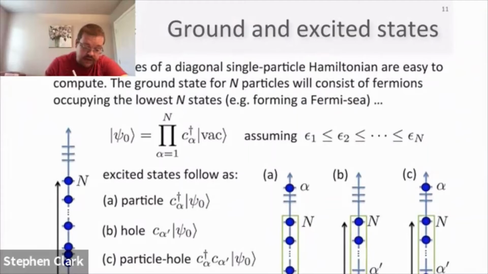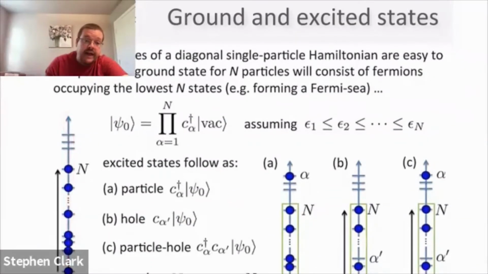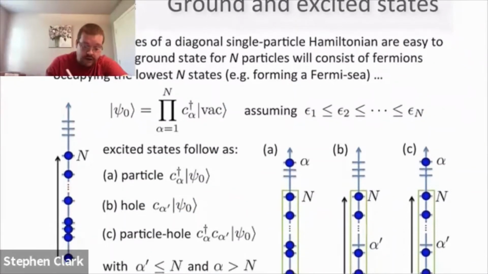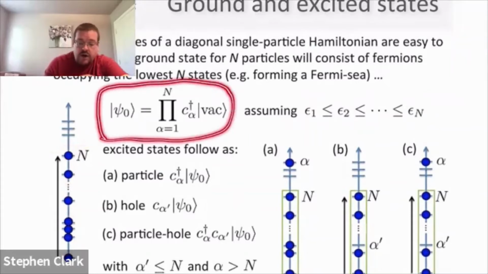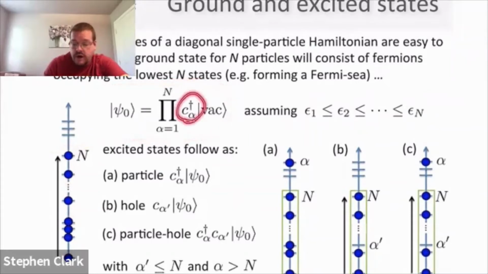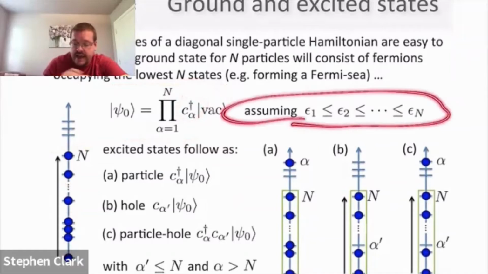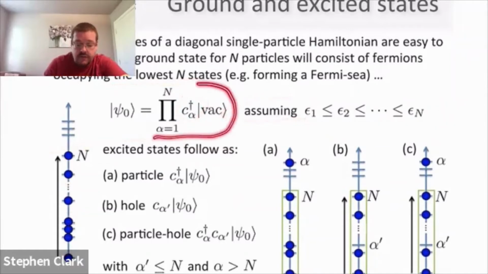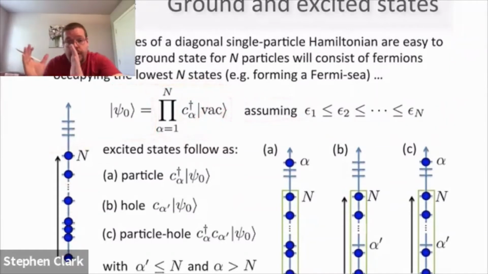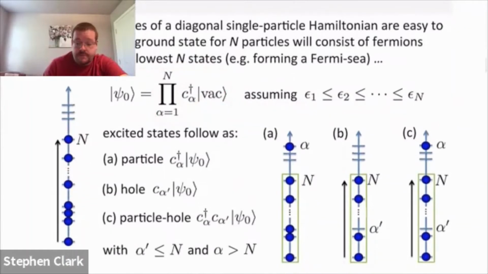We take the spectrum going up and populate each level all the way up to n, till we get to the Fermi level. The ground state is the occupation of the n lowest energy eigenstates. It's a particular Fock state where you bunch up all the particles in the lowest possible single particle energy states.